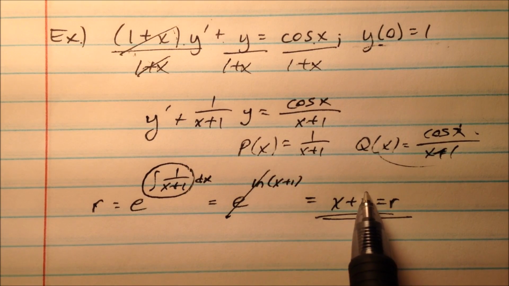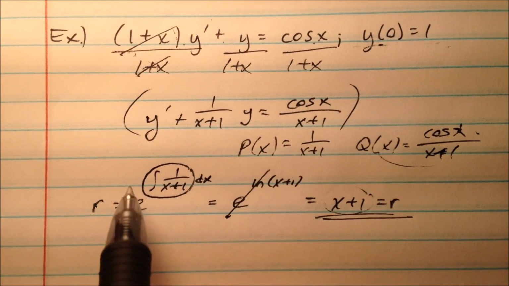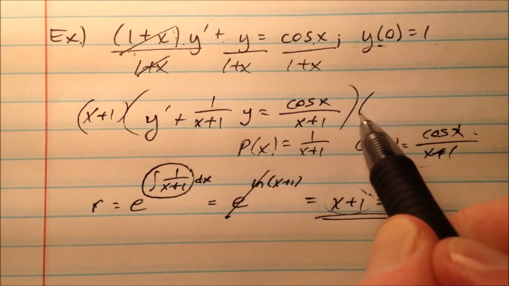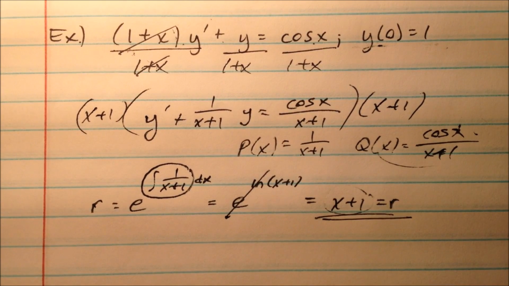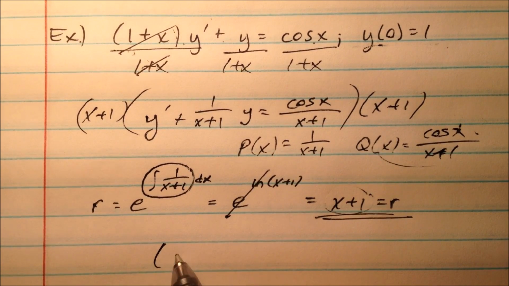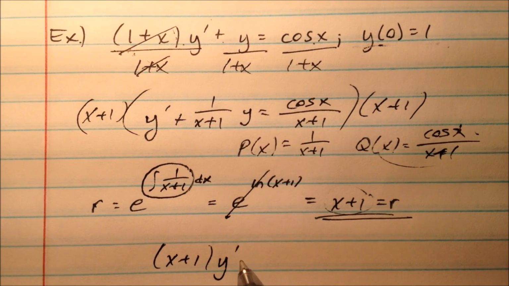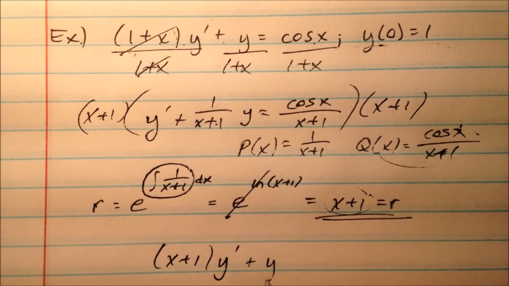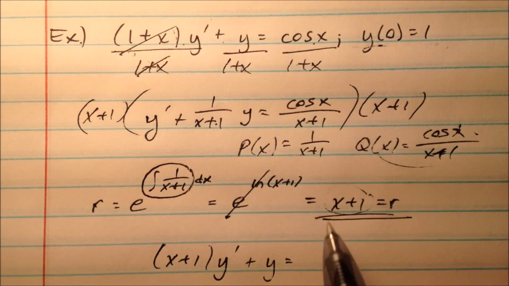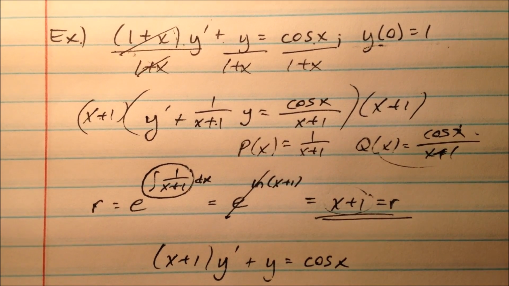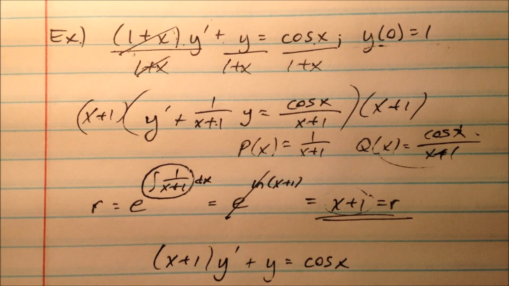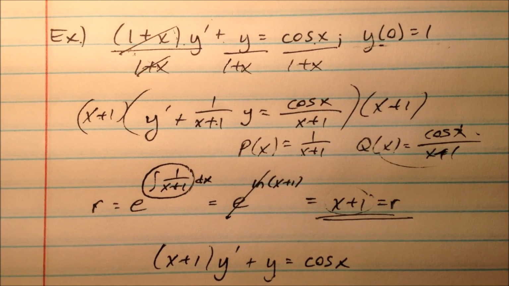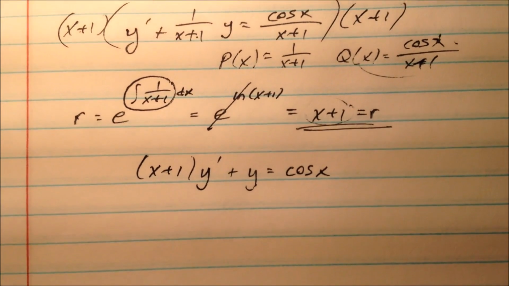So what happens when I take this x plus 1 and run it through my equation? Well, I'm going to notice something interesting. I'm going to end up with x plus 1 times y prime. The x plus 1 on top cancels with the one on bottom, so plus y, and the one on top cancels the bottom again. So a very interesting thing here, this looks exactly like what I started with. But we didn't know right when we started that it was going to work out so beautifully. So we ran through it.